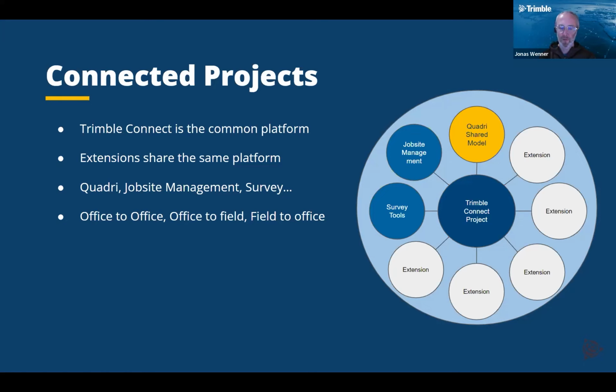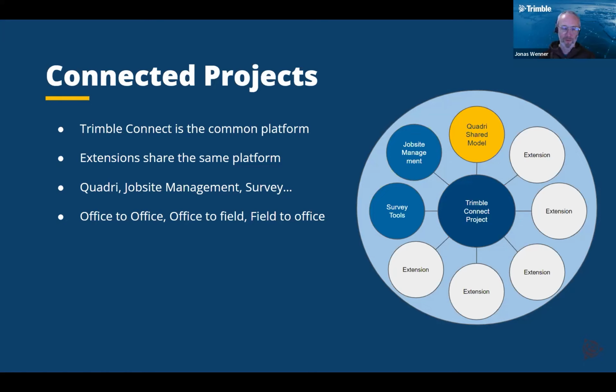And then there is a concept of what we call extensions built into the platform, where you can connect other solutions directly to the Trimble Connect platform, like Quadri, like something called Jobsite Management, which is a system to handle machinery on the construction site. And there is also a survey extension, which is for communicating with survey equipment out in the field, for example.